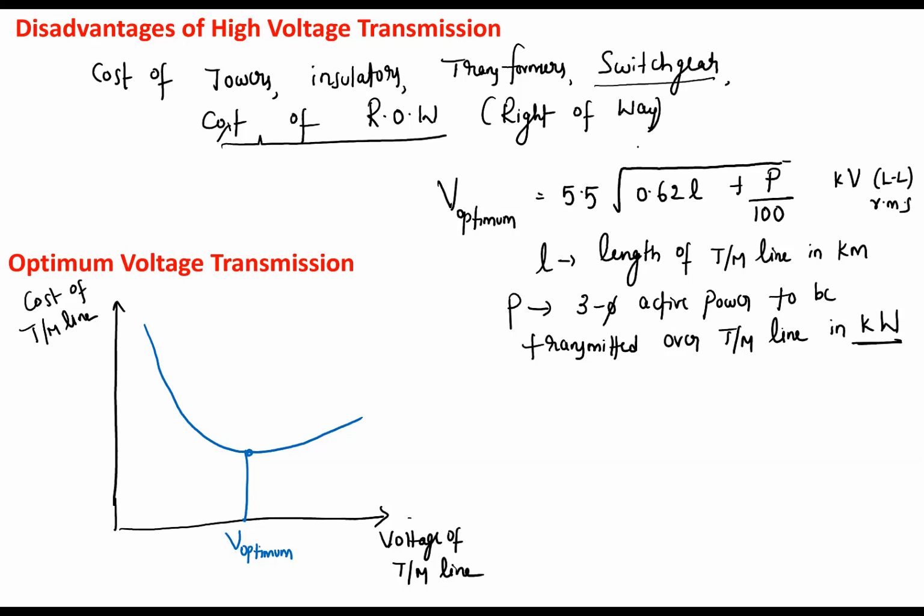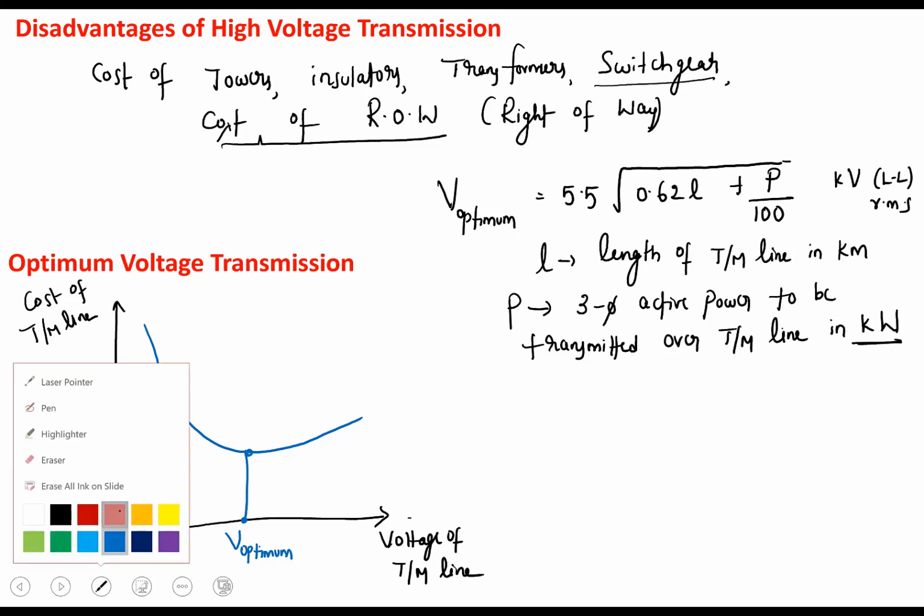There is a cost saving in a high voltage transmission line, whereas the cost incurred is because of the disadvantages. When you compare all this, the curve of total cost of transmission versus transmission voltage will be something like this, where the cost is optimum, that particular voltage we choose as the optimum voltage for the transmission.